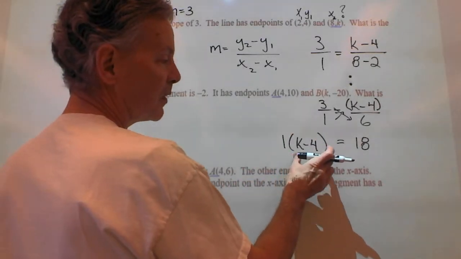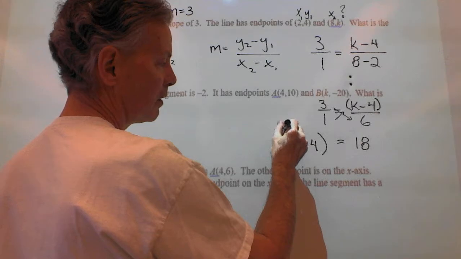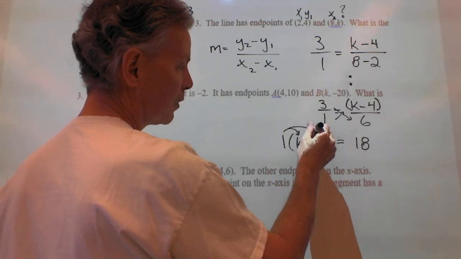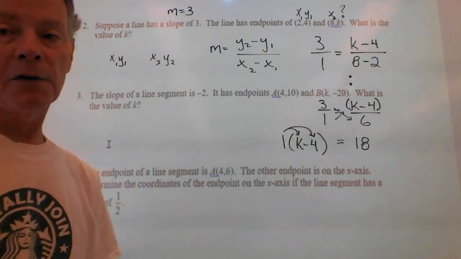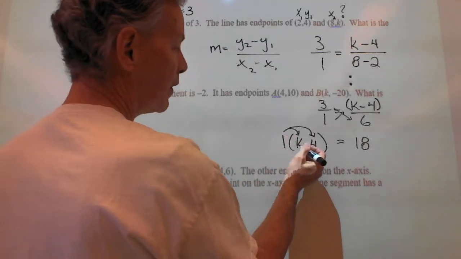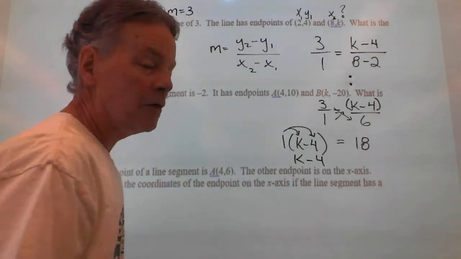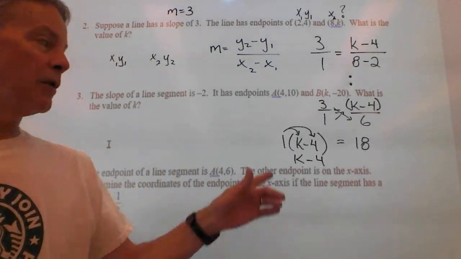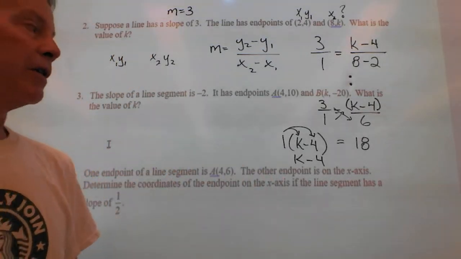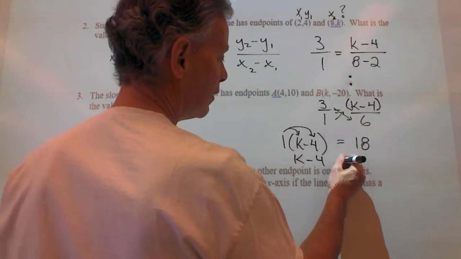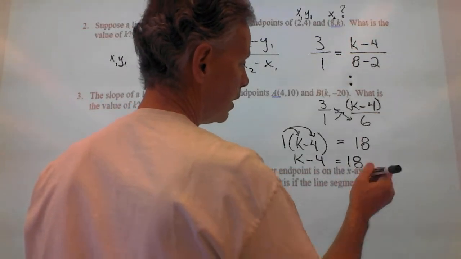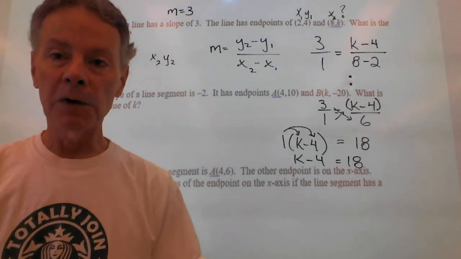Our next step is to simplify on the left side. Remember that distributive rule. Now you can see why I put brackets around this. 1 times k is k, 1 times minus 4 is minus 4. Well, you knew that, but sometimes it won't be a 1 there. Sometimes it'll be a different number. Equals 18. And now you can see it's a very simple equation.